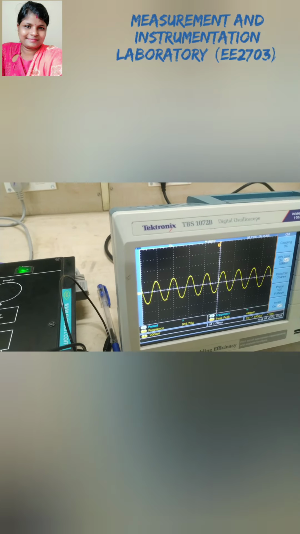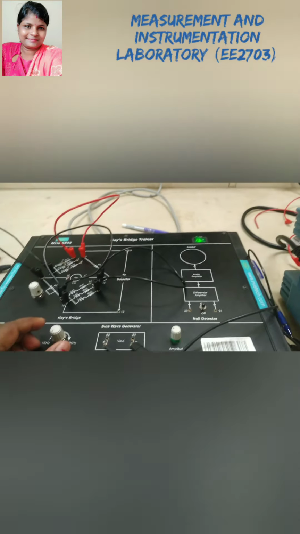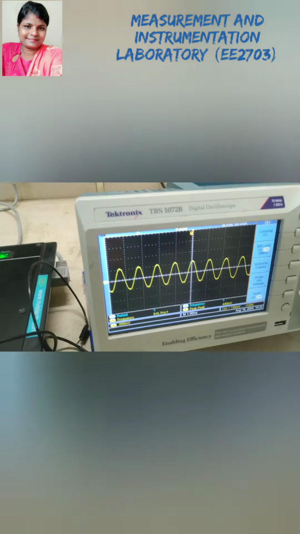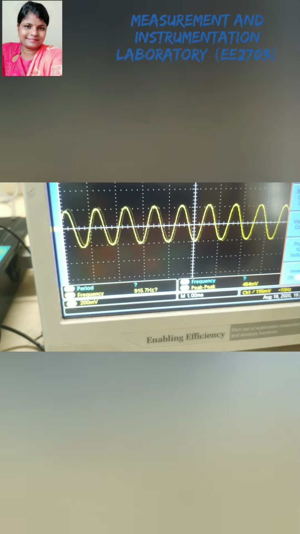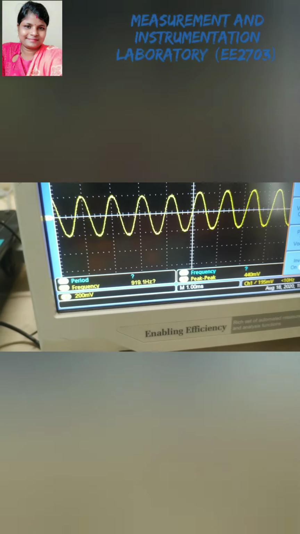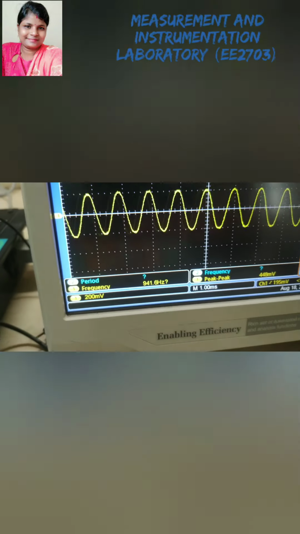Now perfect sine wave is coming. So vary the frequency control and check the frequency. Frequency should be 2 kHz. Set the frequency in 2 kHz.